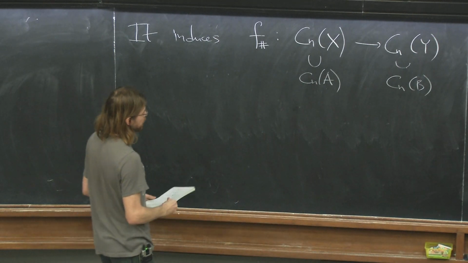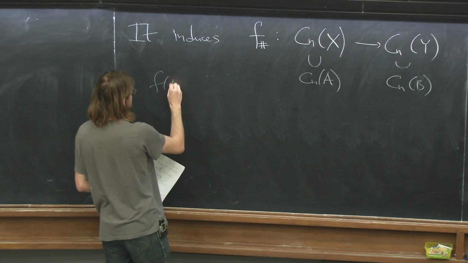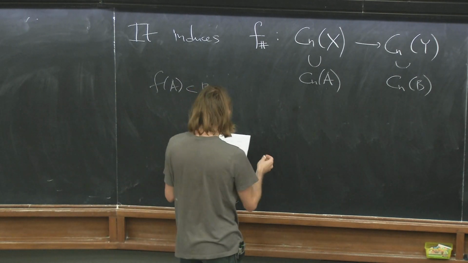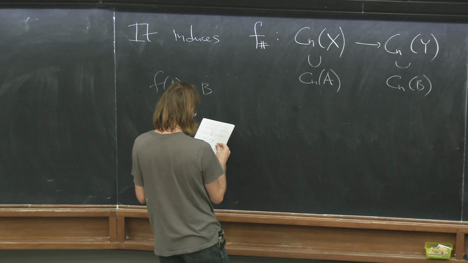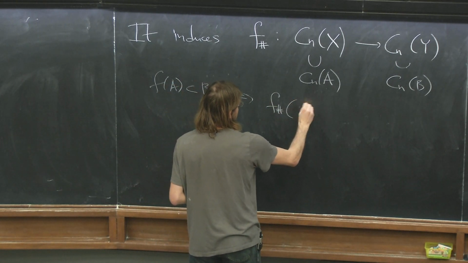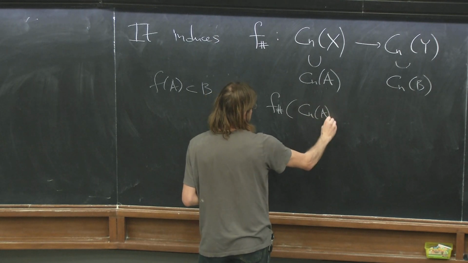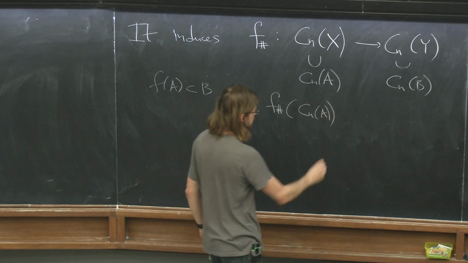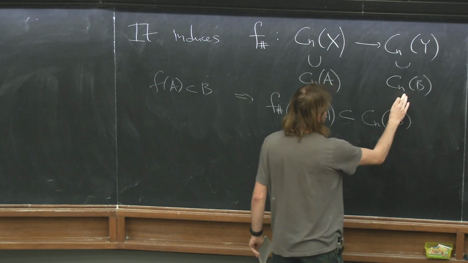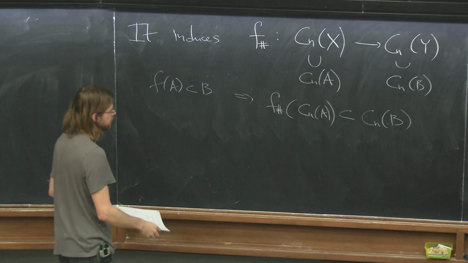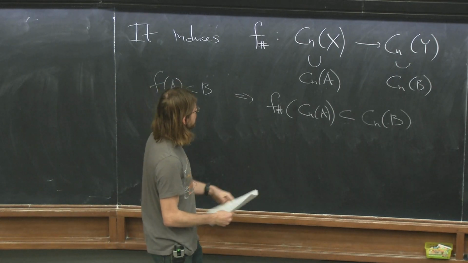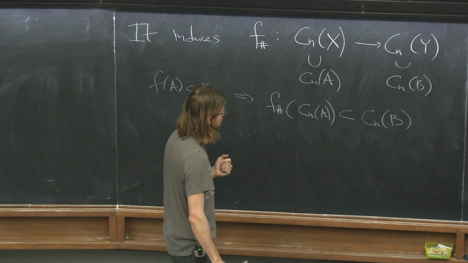And from the fact that f of A was contained in B, it follows that f sharp of the subgroup C_n of A is contained inside the subgroup C_n of B. This is because, on each singular simplex, f sharp acts just by composition.